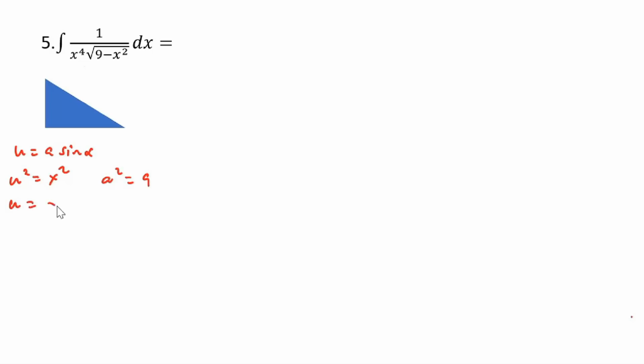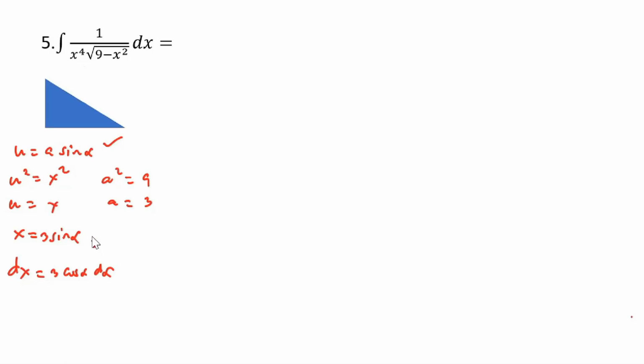So u here equals x and a now equals 3. To use now the equation, replace u by x. So therefore x is equal to a sine alpha, where a now is 3 and then sine alpha. That is now the value of x. So we can now find the derivative of x. We have dx is equal to 3 cosine alpha d alpha.